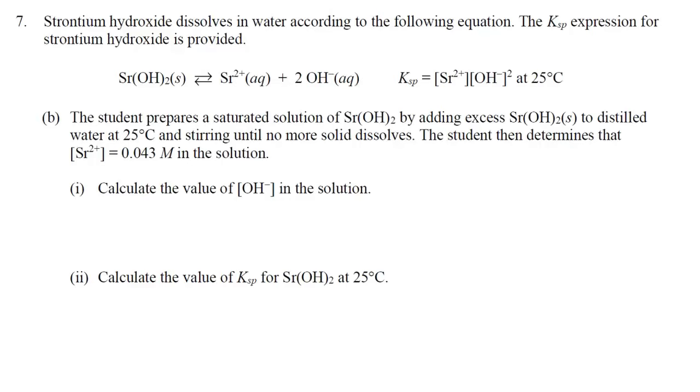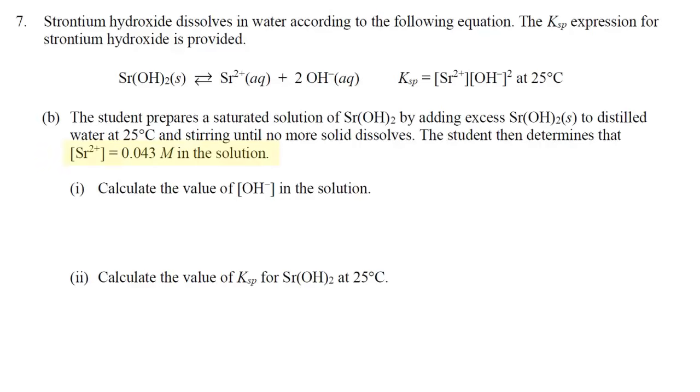The student then determines that the concentration of the strontium ion is equal to 0.043 moles per liter in this saturated solution. So in part I of part B, it says calculate the value of the concentration of the hydroxide ion in this saturated solution. And then part II says to calculate the value of KSP for strontium hydroxide at 25 degrees Celsius.